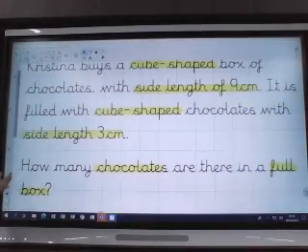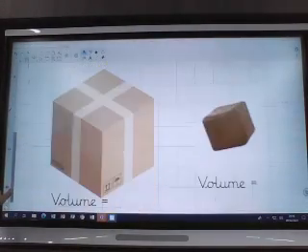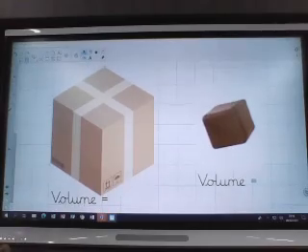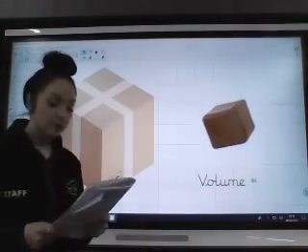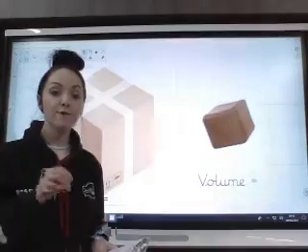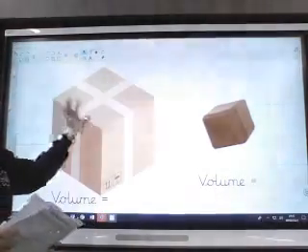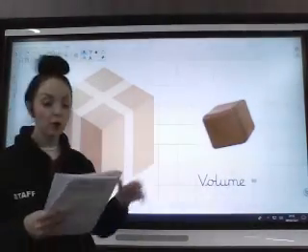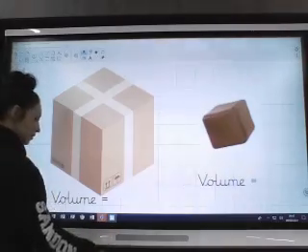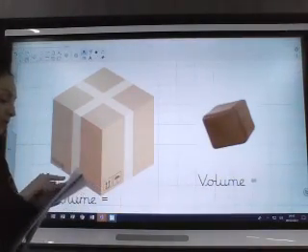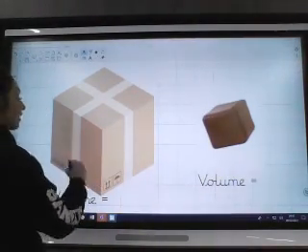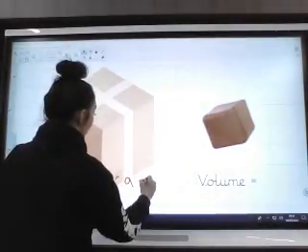So I've got my box and I've got a chocolate. Okay, so to work out the answer to this question then, first, you're going to have to work out the volume of the box and the volume of the chocolate. Okay, so the box, it said, had a side length of 9.